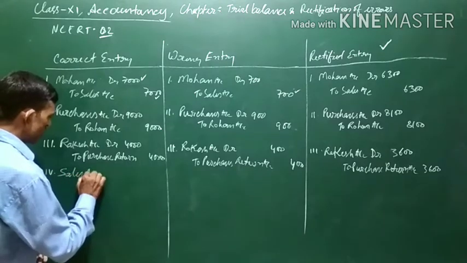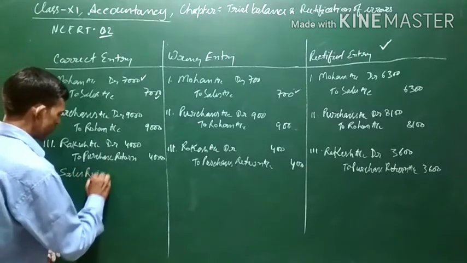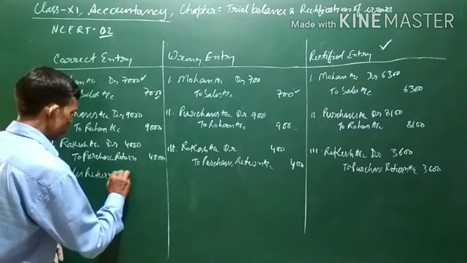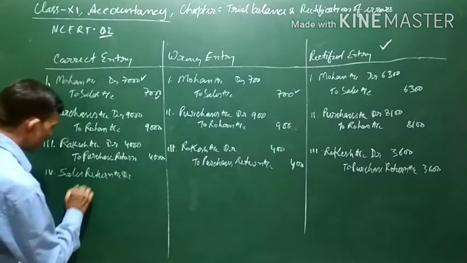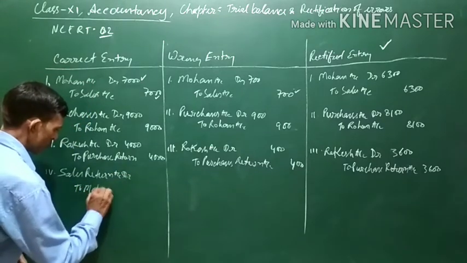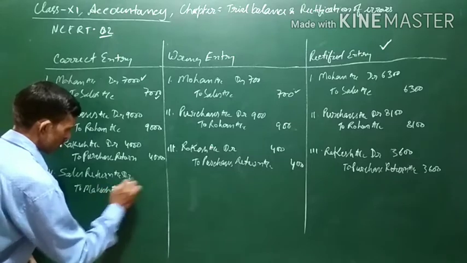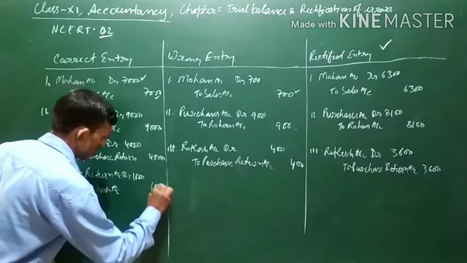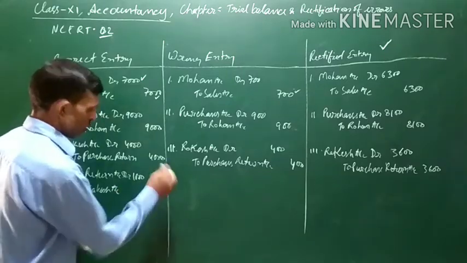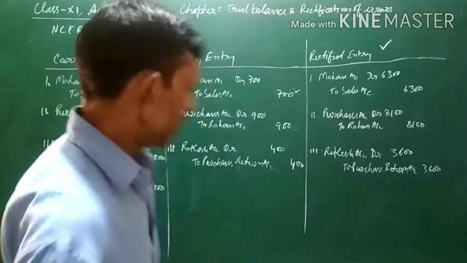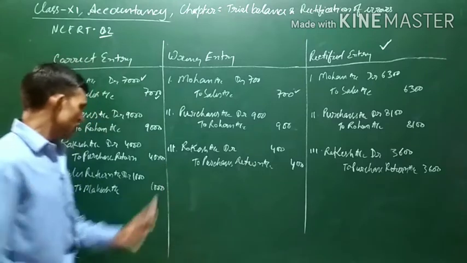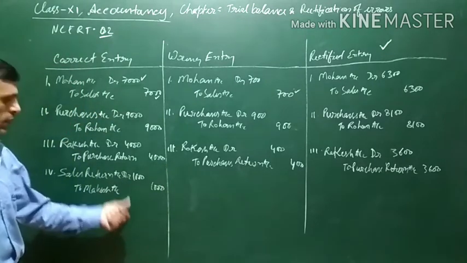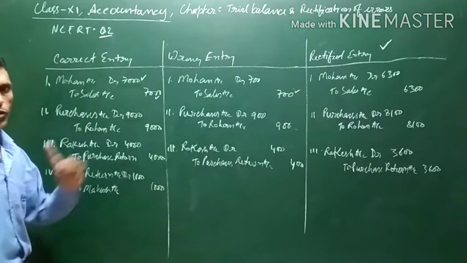So the entry will be sales return account debit to Mahesh account. 1,000 worth of goods have been returned by Mahesh, and by mistake this entry was correctly recorded, but the amount was wrong.